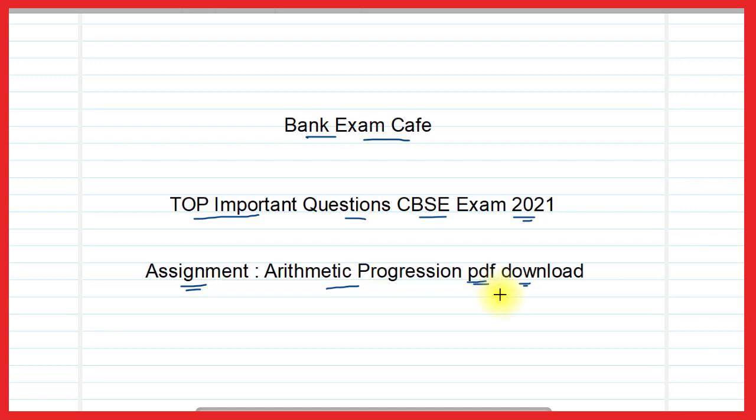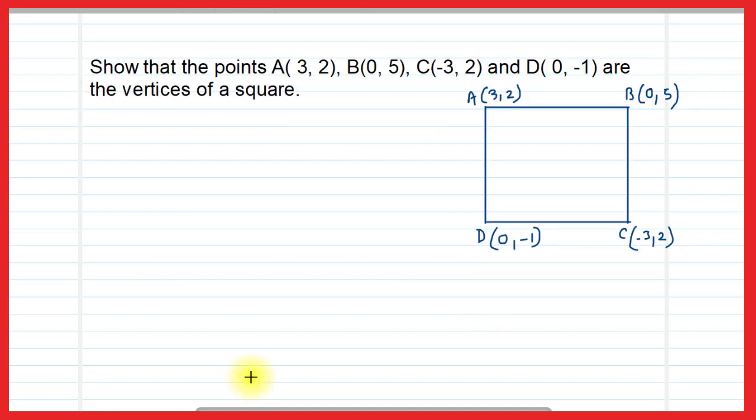And now let us move to the first question of today's episode. Friends, here is the first question on the screen from coordinate geometry, and most commonly asked: show that the point A whose coordinates are 3 and 2, point B whose coordinates are 0 and 5, point C whose coordinates are -3 and 2, and D whose coordinates are 0 and -1 are the vertices of a square.